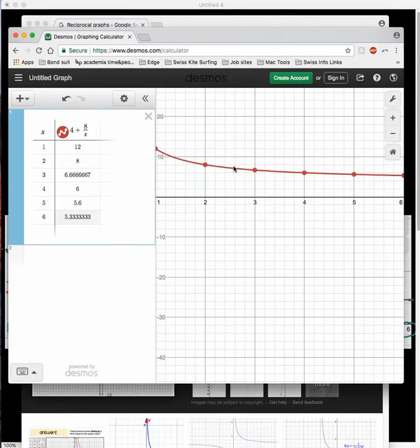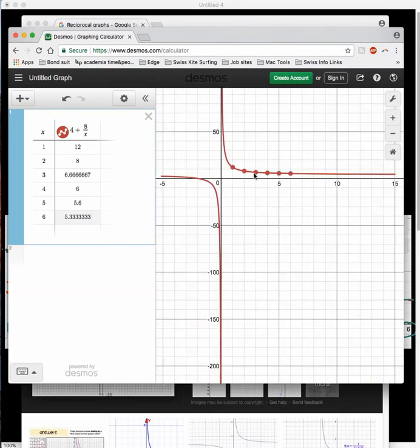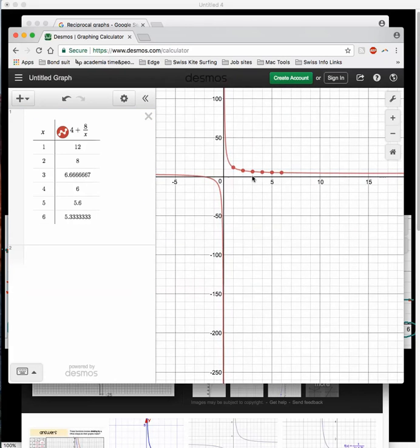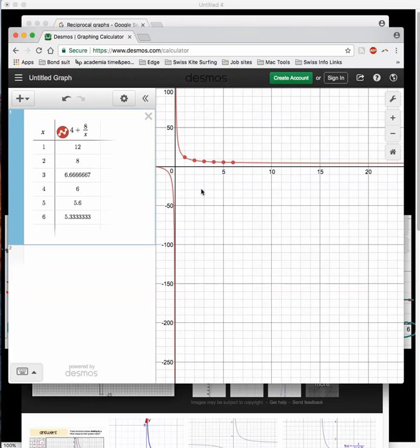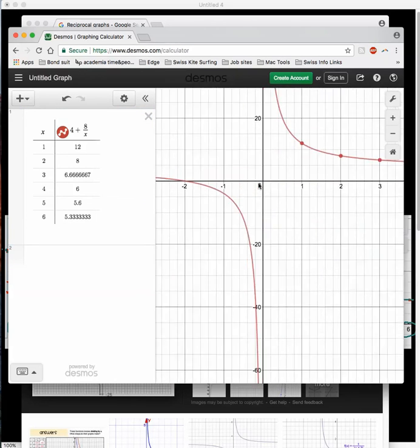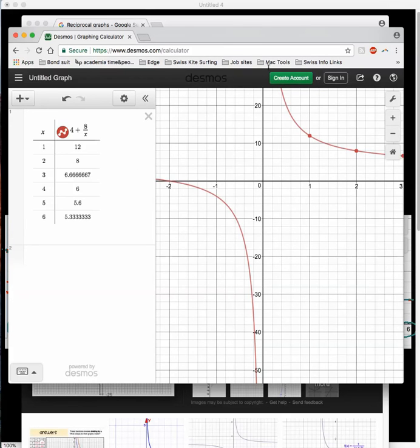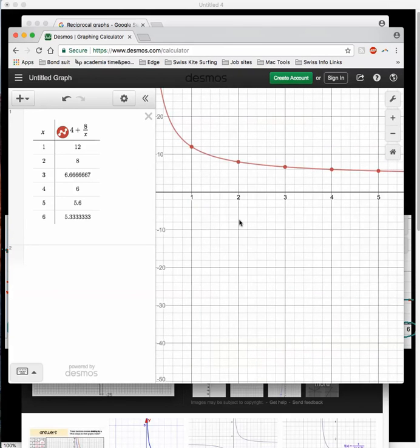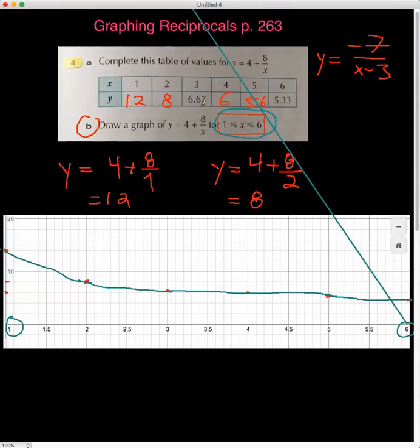All right, and if I zoom out, you can see the rest of the graph is exactly like what I was showing you earlier on. You zoom in and it has this sort of shape this way and this way, but they've only got us to graph this little piece here. So that's an example of a reciprocal graph, just filling in the table of values and getting one of the slowly slanting bits here at the end.